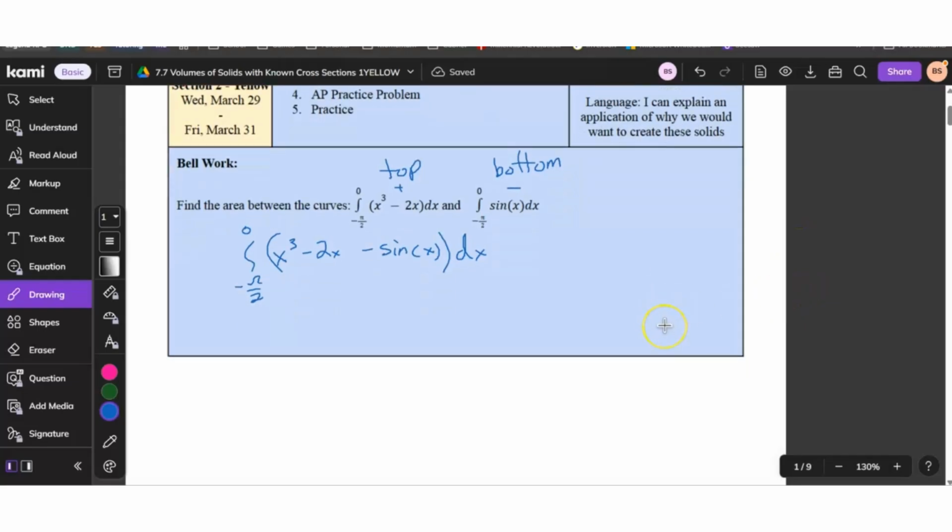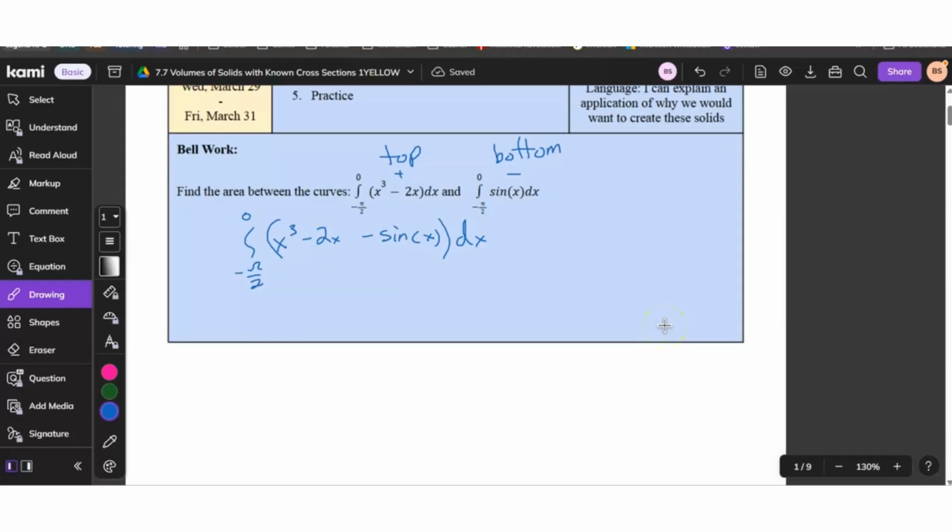Okay, so then, can I integrate? Absolutely. I get x to the 4th over 4 minus x squared, because 2x squared over 2 is x squared. And then this one, minus or plus cosine? Plus cosine of x.